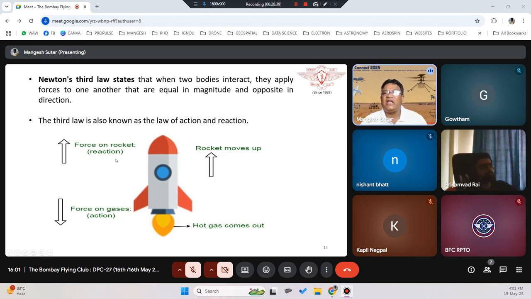There is a reaction happening in the rocket. It ejects high powered gas. What does this gas do? The gas will try to push the earth below. But can it push the earth? No, because that force is not powerful enough to push the earth. So since it is not able to push the earth down, it will affect the rocket itself.